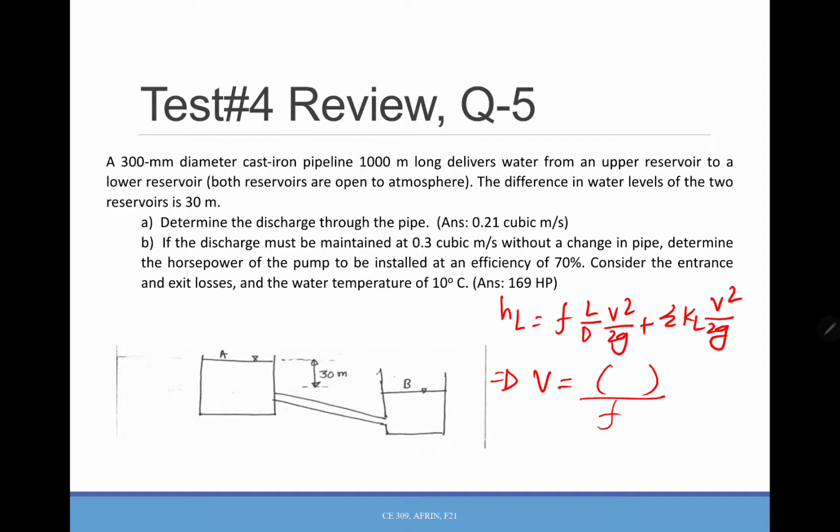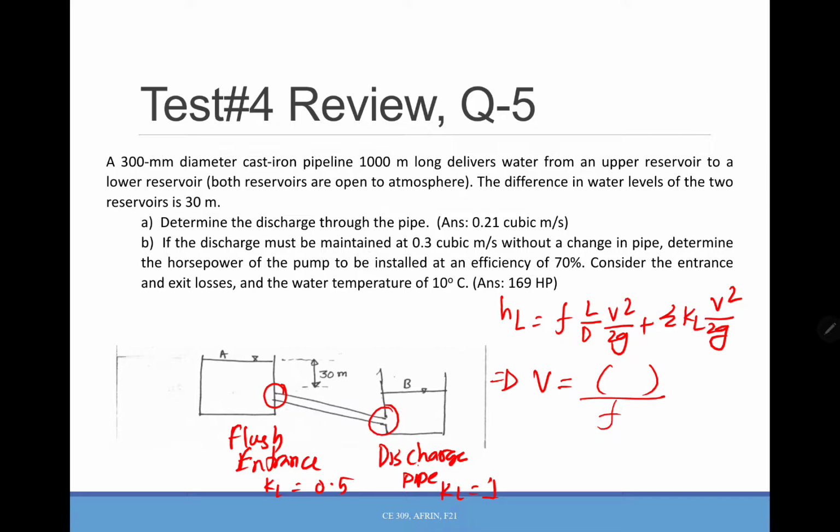Okay, and for minor losses, basically you have this one, which is the flush entrance, and this one is the discharge pipe. So KL is 0.5 and KL is 1, so that's what you get for summation of KL.